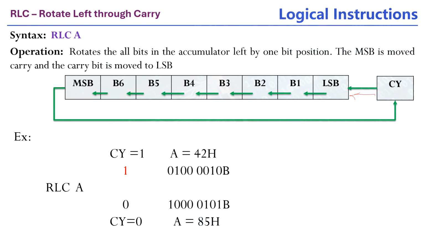So here let us consider initially carry is equal to 1. A is having 42. Now you can see the MSB is moved to carry here. That means the output actually is 1. Now the carry is moved to the LSB, the carry is equal to 0 now, and each bit is moved to the left side.